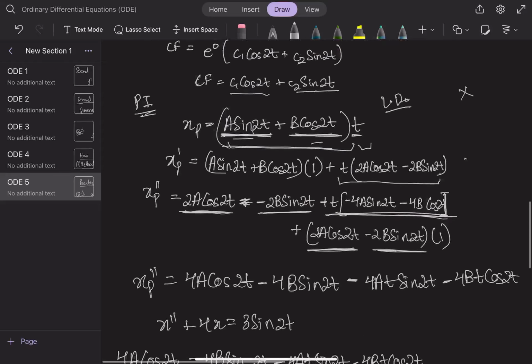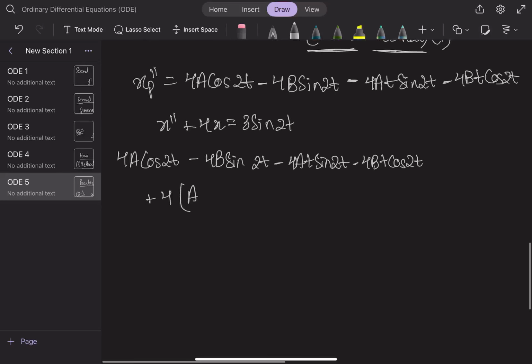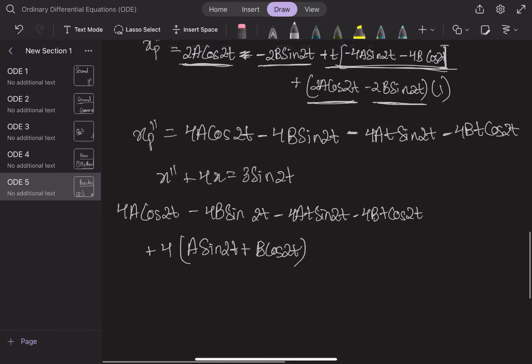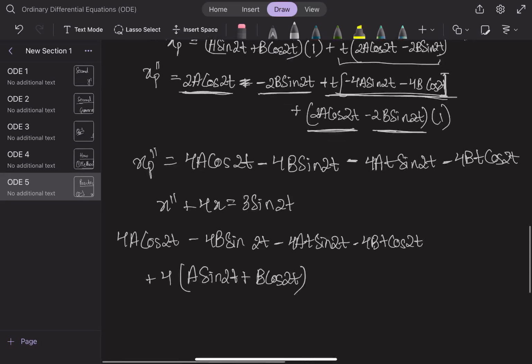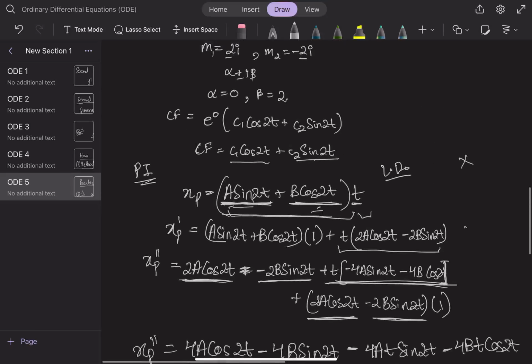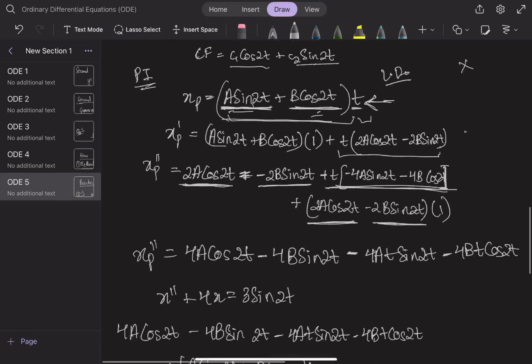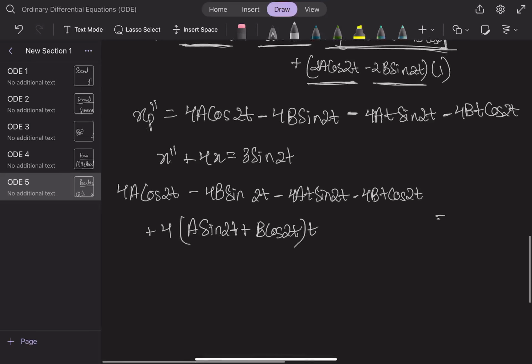X is a sin 2t plus b cos 2t times t. As you remember, we multiplied it by t to avoid linear dependency. This is equal to 3 sin 2t.